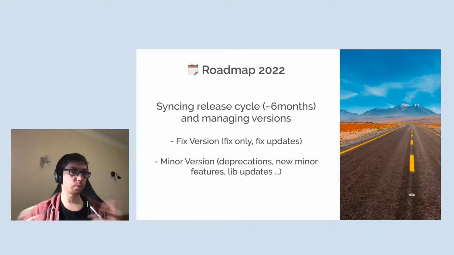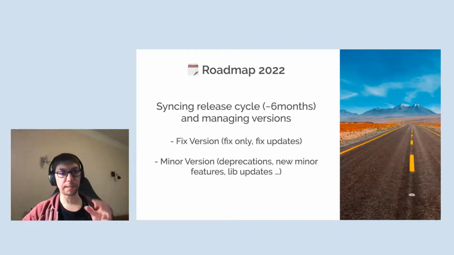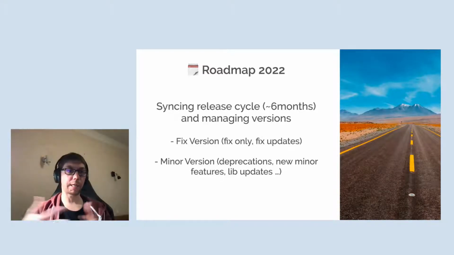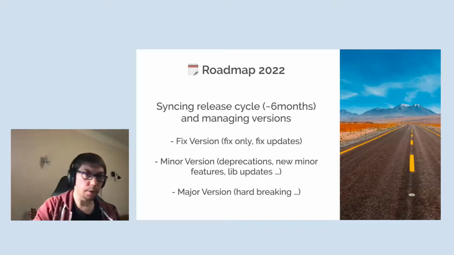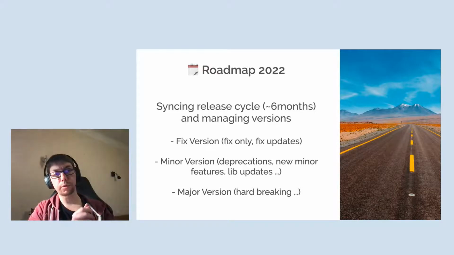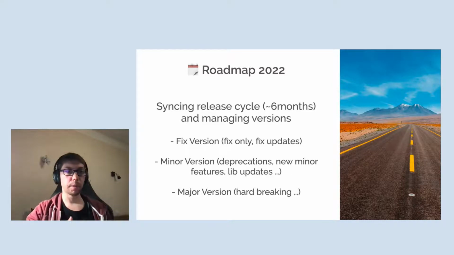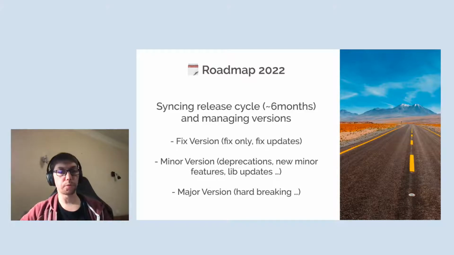What has been done in the past is that some minor versions and fixed versions were mixed, which could cause some problems. We really want to have a good direction in the way we manage versions, so we will keep the minor version up to date with fixed versions behind it to deliver fix updates, and then we will highlight all the new minor features with the minor version, etc. We want to separate everything.